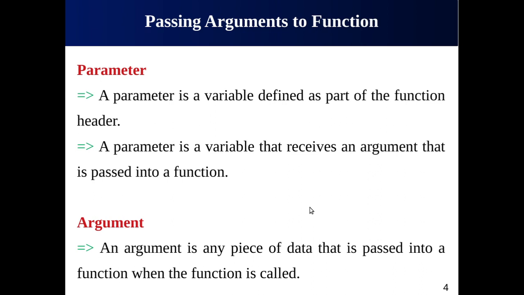So whatever you pass to the function, that is your argument. And whatever is declared inside the function header is the parameter. Those are the variables which will hold the data that is passed to the function when it is called. So there is a basic difference between a parameter and an argument.